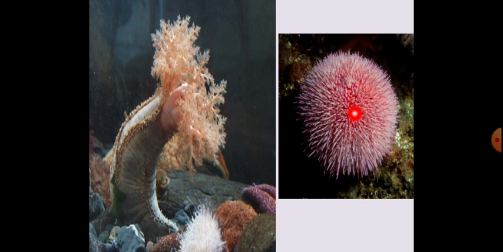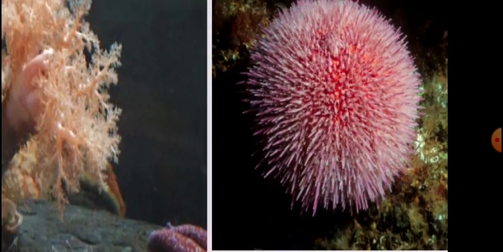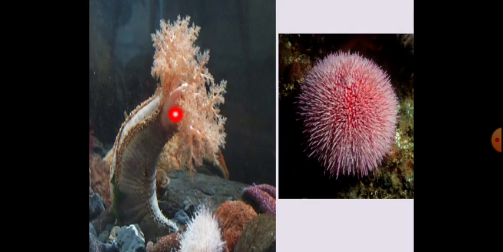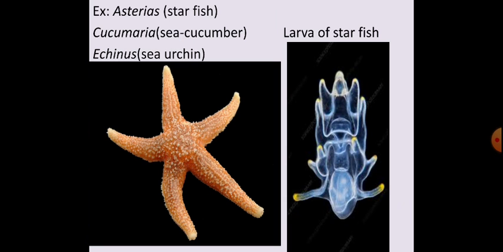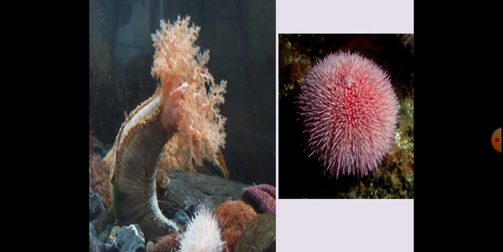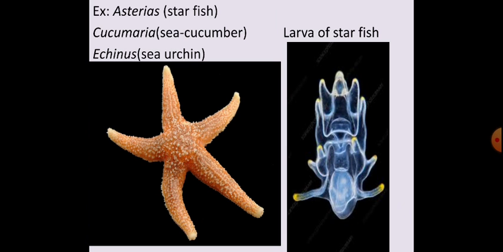And third, this is sea urchin, scientific name Echinus. Examples of phylum Echinodermata are starfish, Cucumaria and Echinus.